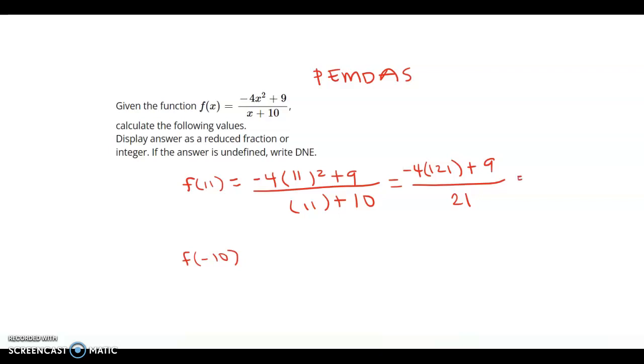Okay, -484 plus 9 over 21. Okay, -484 plus 9, we're going to have, oh, let me get my pen, -475 divided by 21.